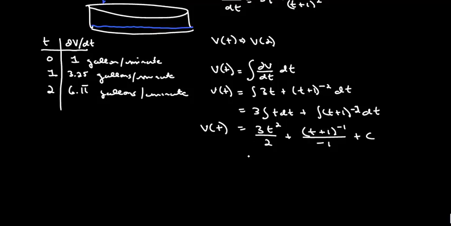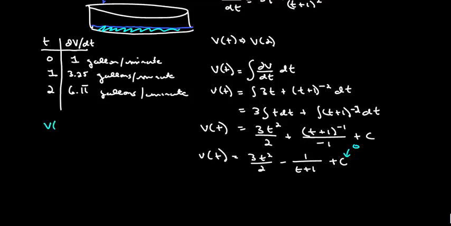So now let's go ahead and simplify this. So this is 3t squared over 2 minus 1 over (t plus 1) plus the constant. Now the constant, I'm going to tell you, is 0. So let's think about why. Well, it says that the tub is empty at time 0.